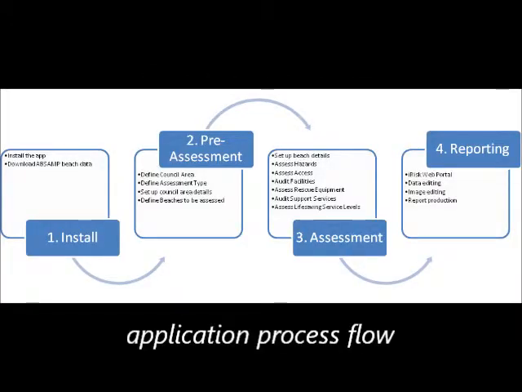This diagram shows the application process flow. By now you should have successfully installed the application, which is stage 1. Stage 2, the pre-assessment stage, was covered in video tutorial 1. The third stage, the assessment stage, we covered hazard identification and risk assessment in video tutorial 2.